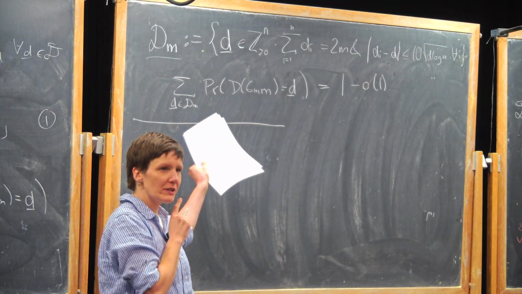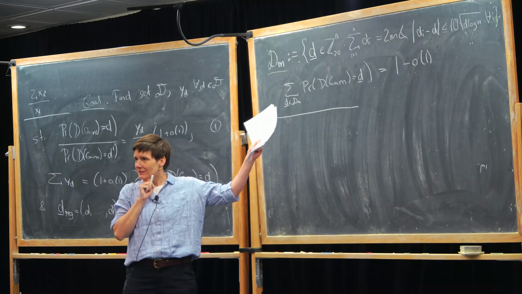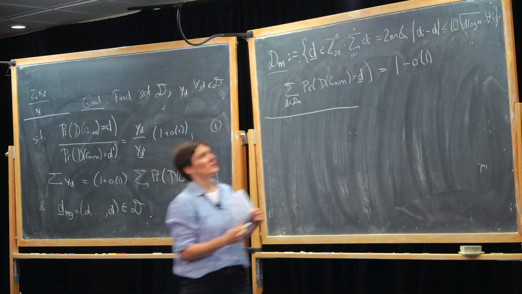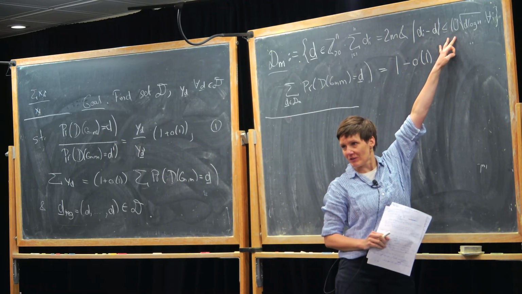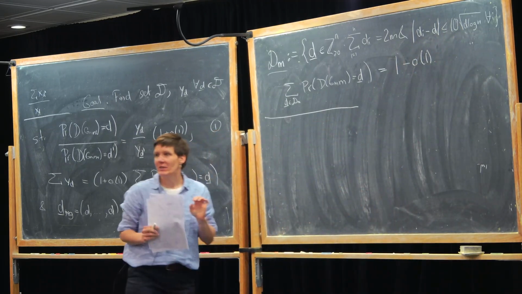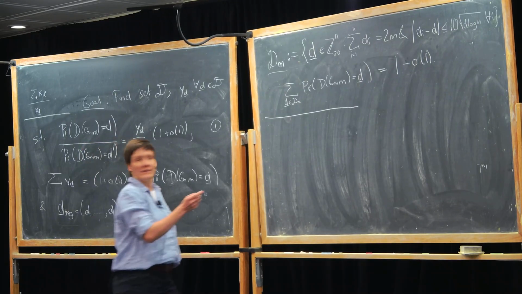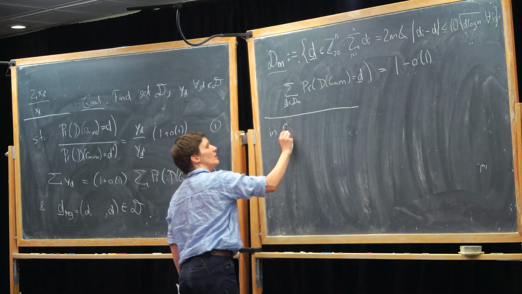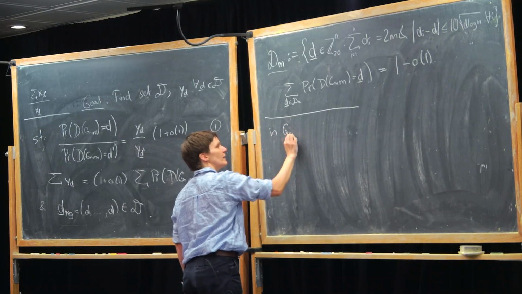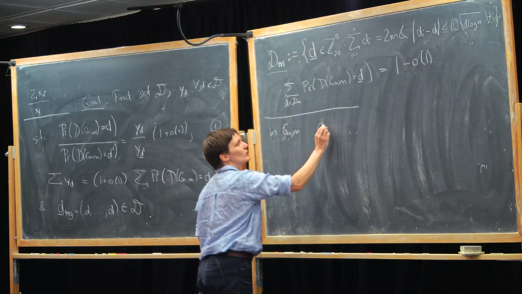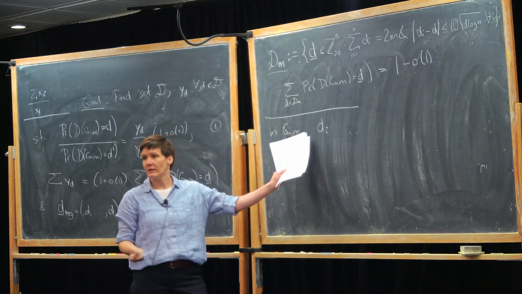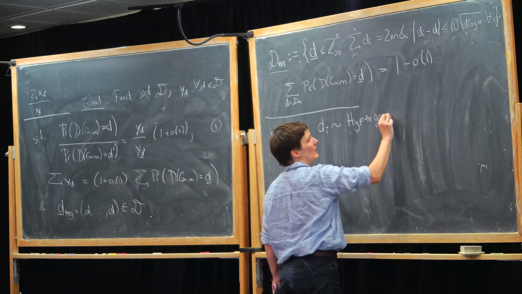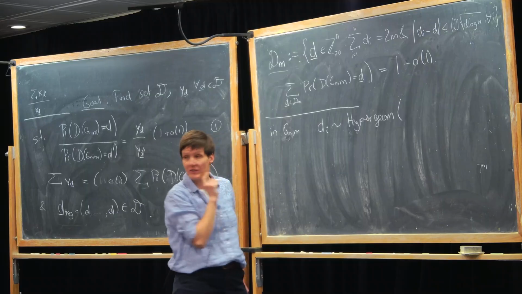Has anyone seen these concentration results? No? Do you know that in GNP the degrees are concentrated? Why would the same be true for GNM? Well, what are the degrees in GNM? What's the distribution of the degree of vertex i? It's a hypergeometric distribution with which parameters?